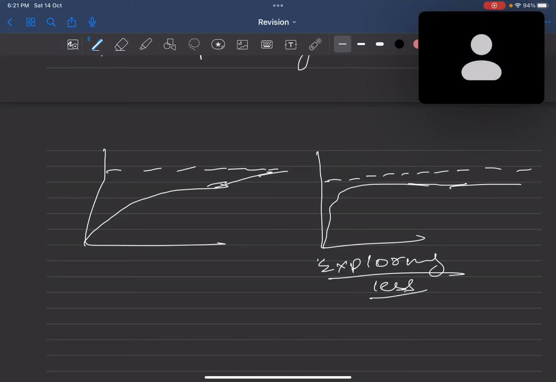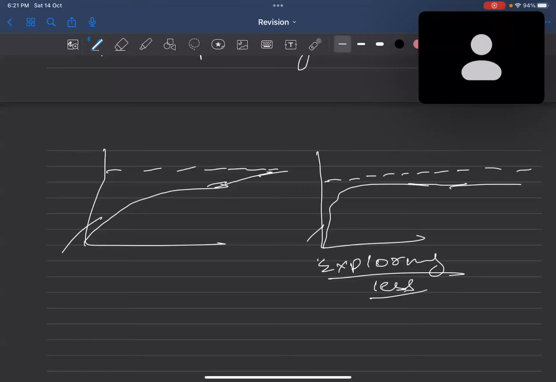So here I was exploring more. I don't know in the starting which is the best arm, so I explore more, and then after some time I start exploiting. Here initially I tried to reduce the regret only, and started exploiting by considering this is the best arm. It may be the case we miss out on something by exploring less, because we want little regret.